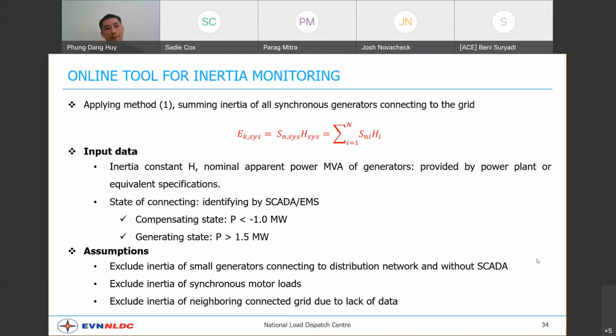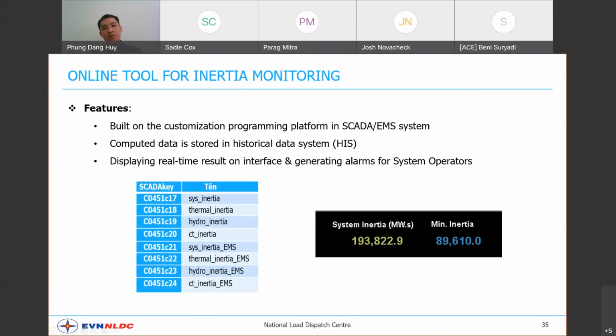Next slide, please. And so with that tool, we built it on our SCADA EMS system. Our SCADA EMS system is from OSI from America, and we built it by developing on the customization programming platform.